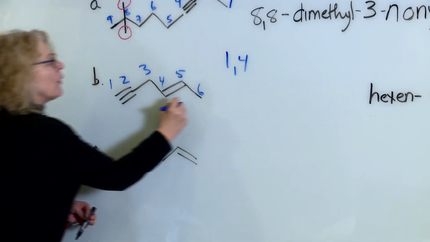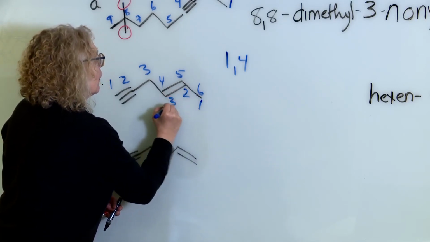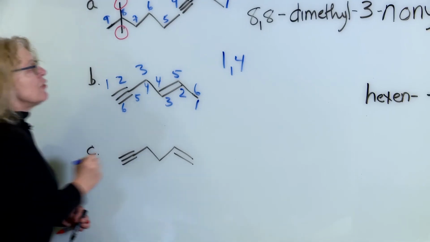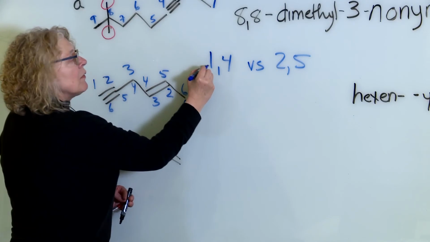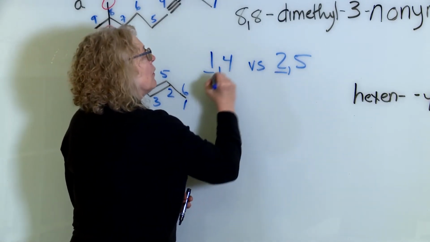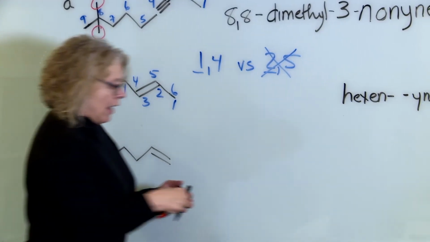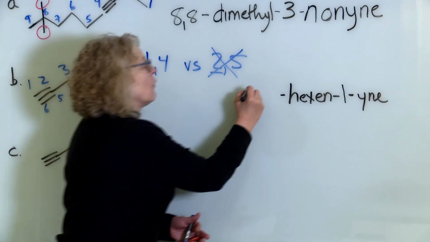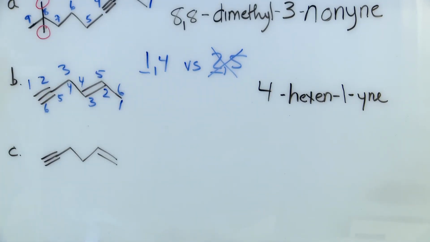When we number from left to right, this is a 2, 5. And at the first point of difference, 1 beats 2. So the correct numbering scheme is a 1 yne, 4 ene. So 4-hexen-1-yne.